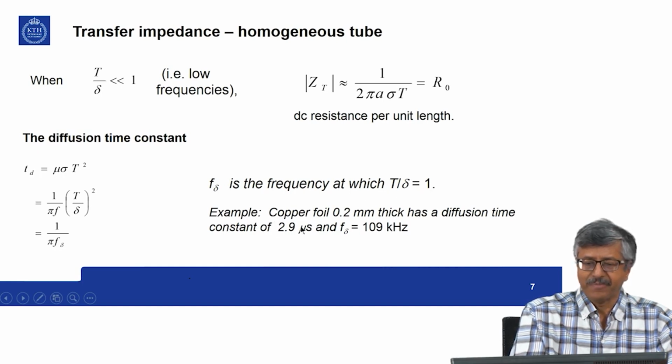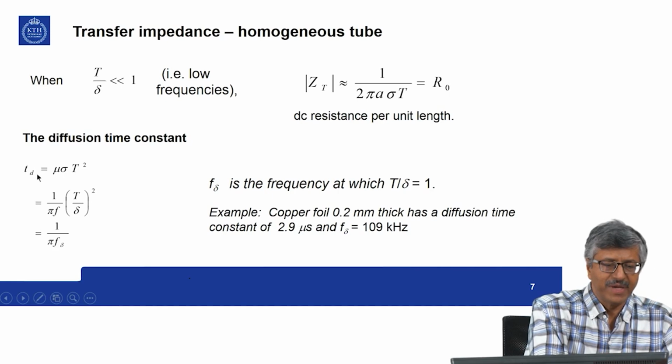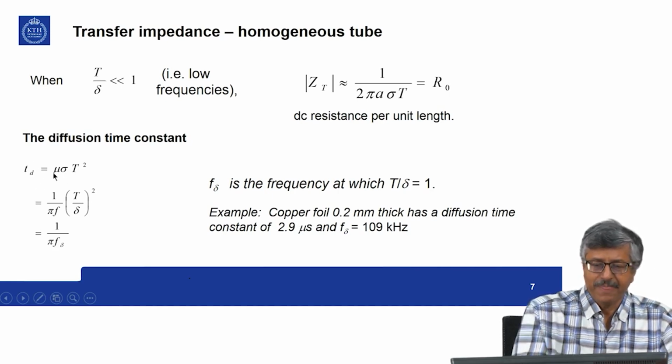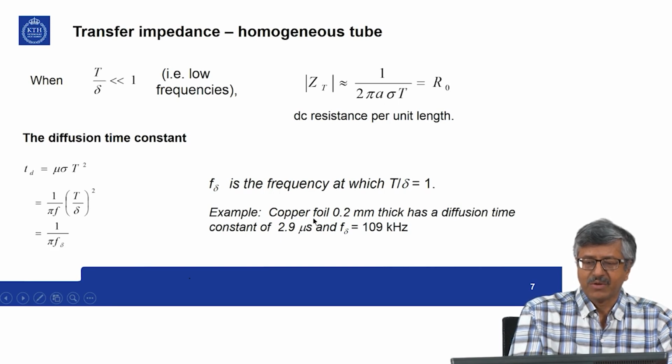Then you can find the diffusion time constant for any t. For example, copper foil of 0.2 millimeter thickness has a diffusion time constant of 2.9 microseconds.